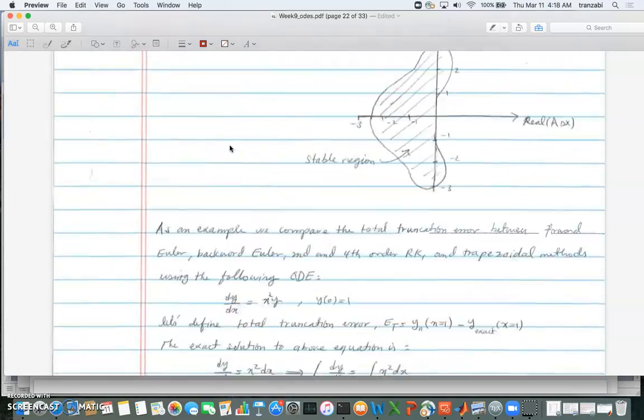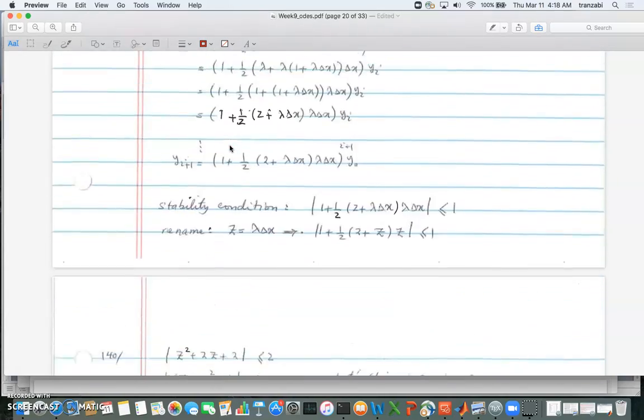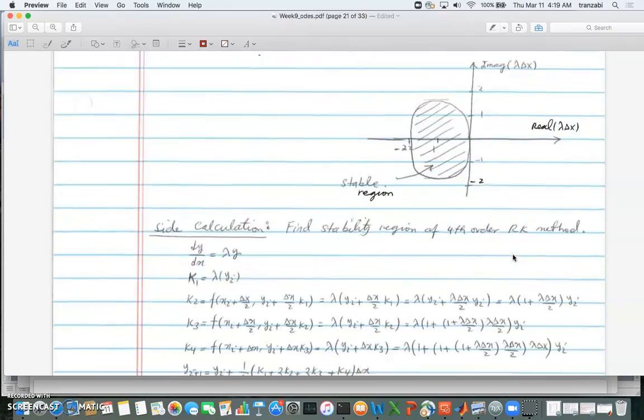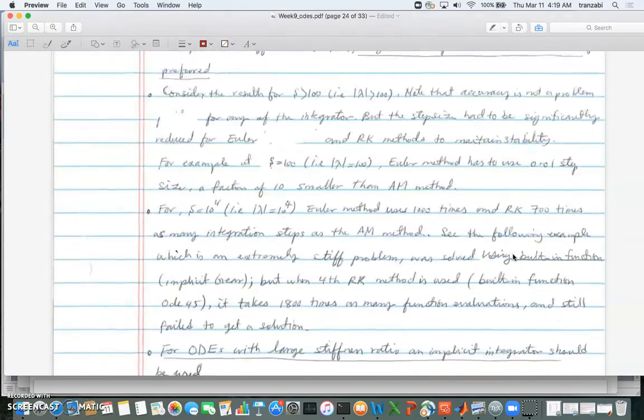So going back to the conditional stability analysis in this table, you see that for forward Euler we need to have delta x or delta t less than 2 over lambda. For RK4 it's 2.8 over lambda. Our delta x should be smaller than this. And for Adams-Moulton, there's no limit. Keeping these in mind, we go back and look at this table.